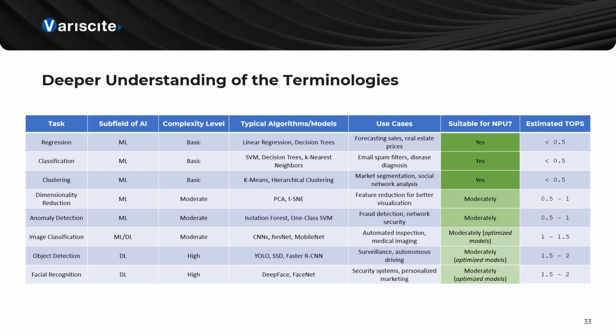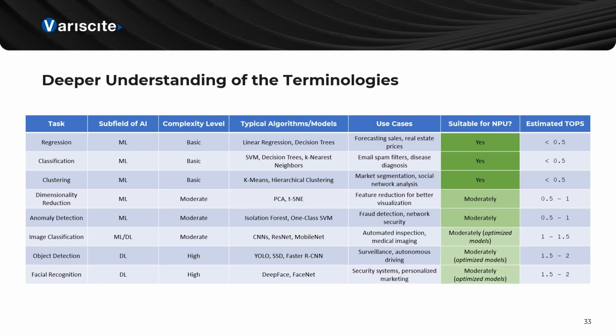For example, regression, classification, and clustering models can require less than 0.5 TOPS and are likely suitable for the MX93, 8M+, and MX95. However, moving beyond this to more complex tasks like object detection or facial recognition that require 1 to 2 TOPS or more, the 8M+ and MX95 become more suitable.